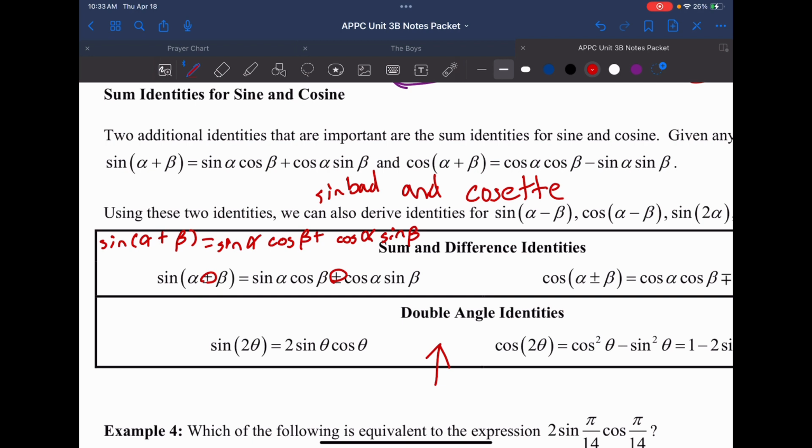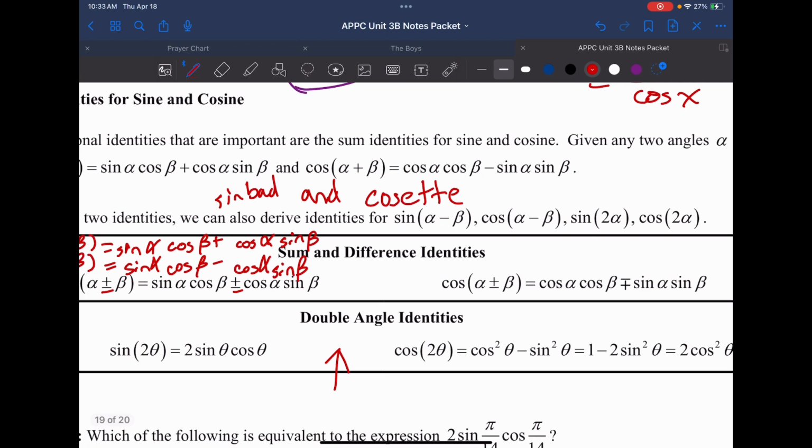And then here the minus goes with the minus. So sine of alpha minus beta equals sine alpha cosine beta minus cosine alpha sine beta.